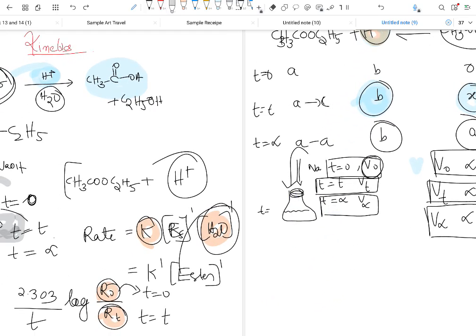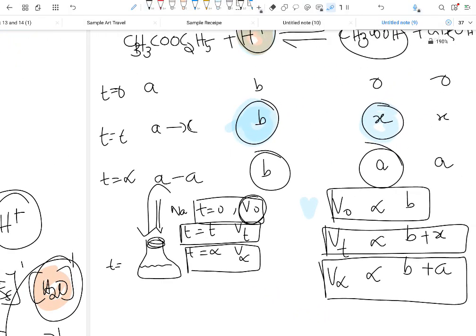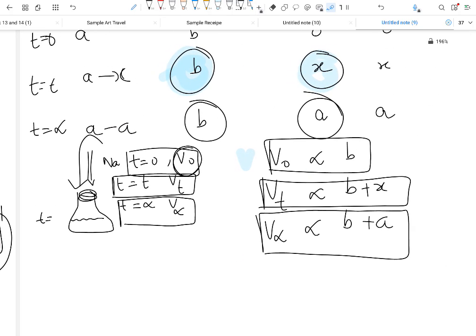And what we need here, you can see, we need C0 and Ct. C0 is what? A. Ct is what? A minus X. So we need A and A minus X. Correct, right?